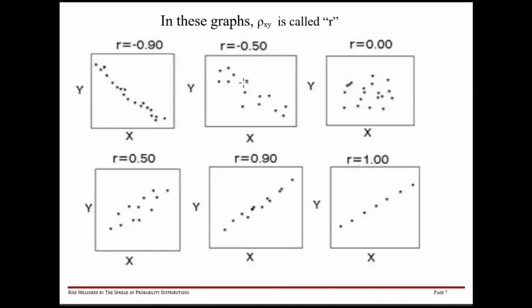And then here are some graphs of them, and in these graphs, the rho xy, or correlation coefficient, is called R. So here's highly negative with minus 0.9, and here's negative, but more scattered, so it's minus 0.5.